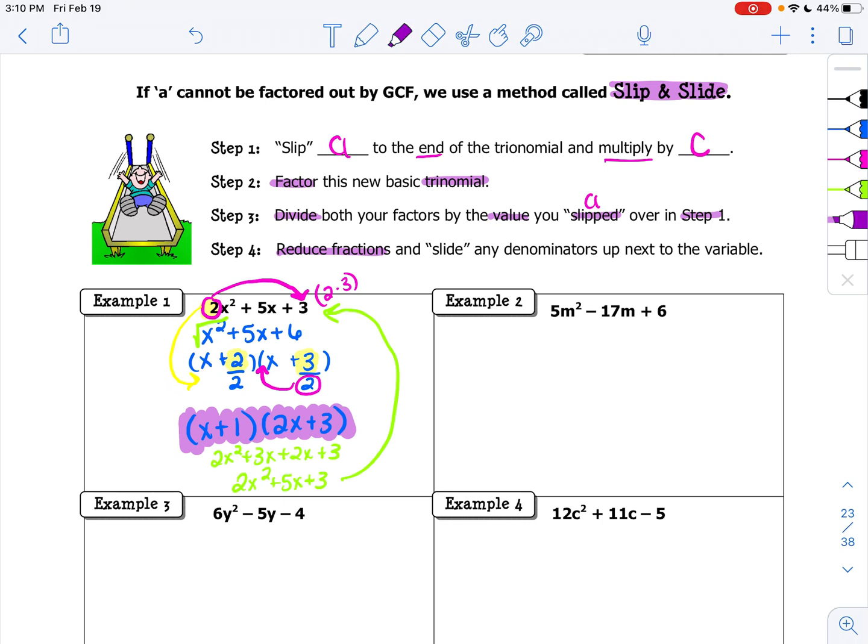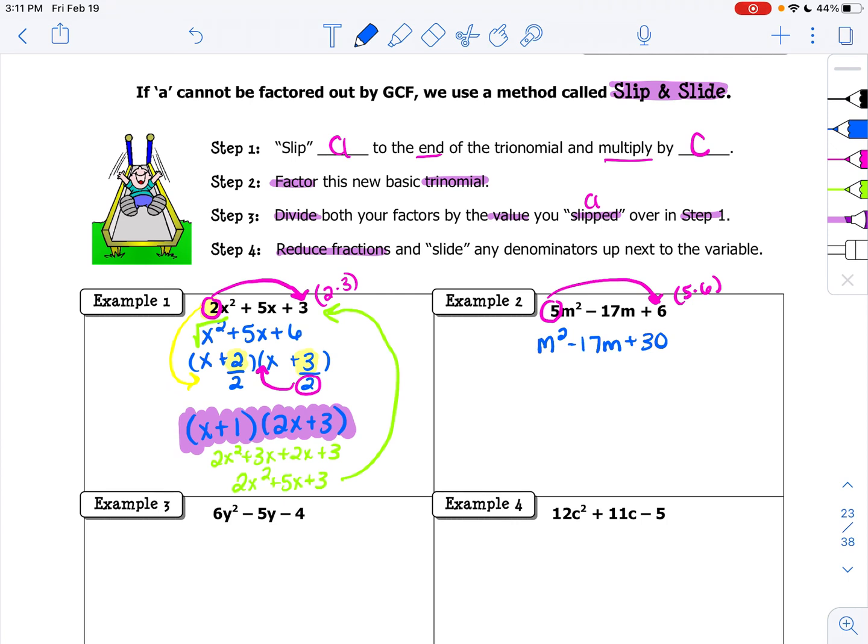So number 2, we have a trinomial. My leading coefficient is greater than 1, so I have to use the slip and slide method. So we're going to slip the 5 to the 6 and multiply 5 times 6. That gives us m squared minus 17m plus, now it's 30, because 5 times 6 is 30.